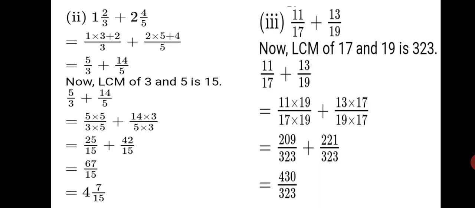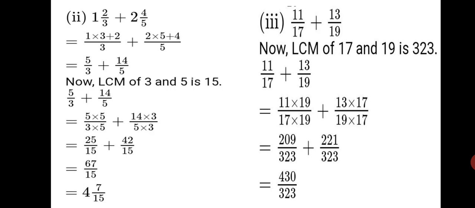Third sum, 11 upon 17 plus 13 upon 19. Now 17 and 19 both are prime numbers, so you will have to multiply them by each other so that you get the common denominator. So LCM of 17 and 19 is 323. 11 upon 17 plus 13 upon 19, we multiply, is equal to 11 upon 17 into 19 plus 13 upon 19 into 17 is equal to 209 upon 323 plus 221 upon 323.